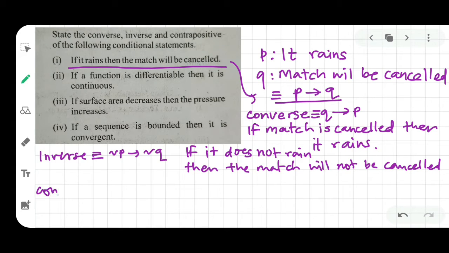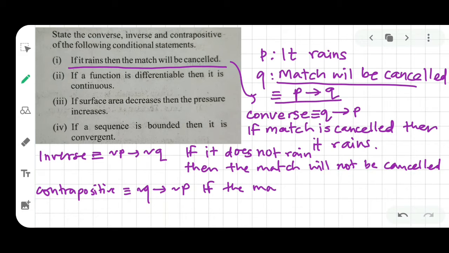And the contrapositive. Right. So what is the contrapositive here? Not Q implies not P. So we can write: not Q, if the match is not cancelled, then it will not rain.